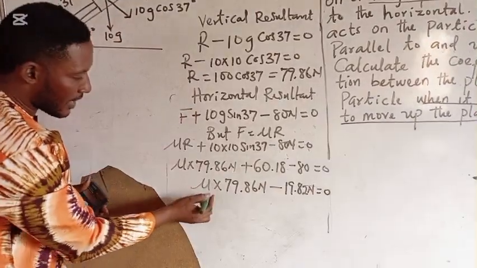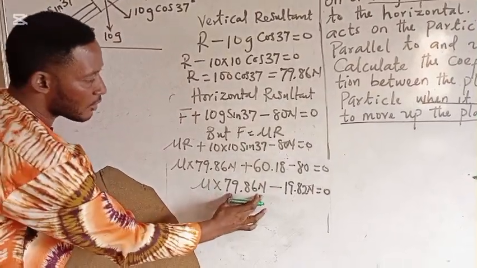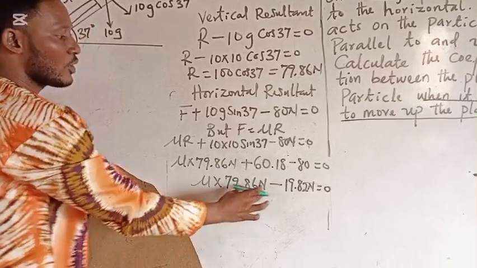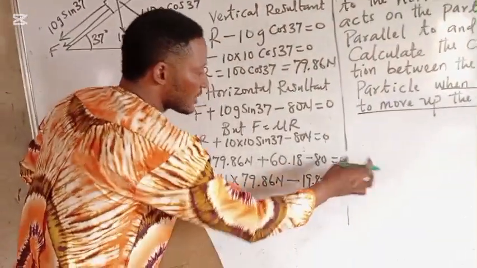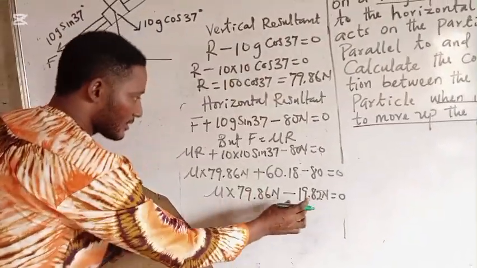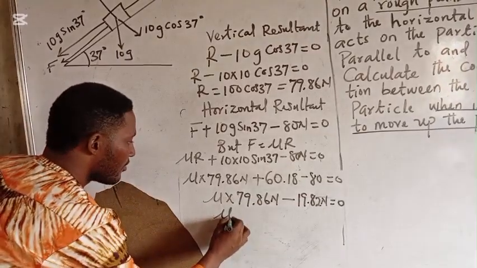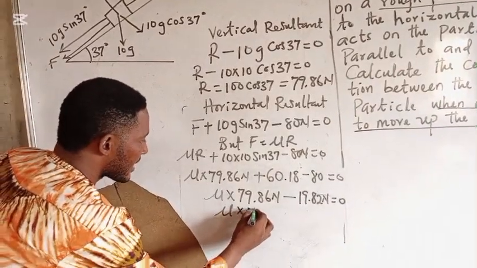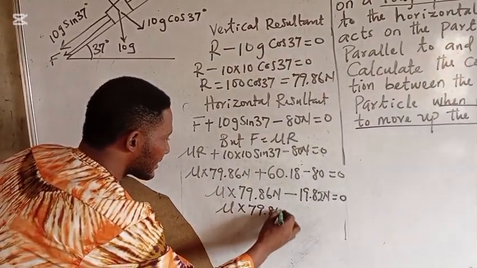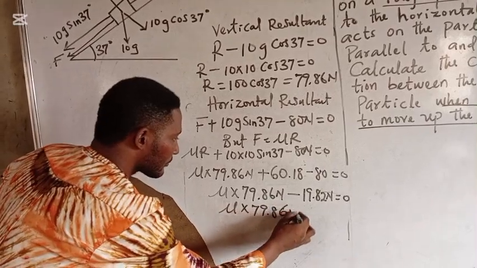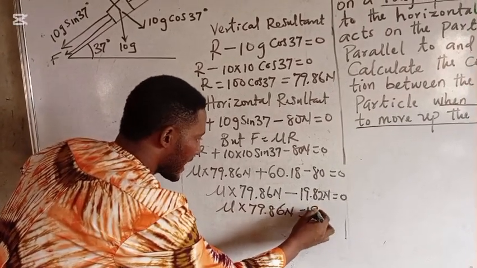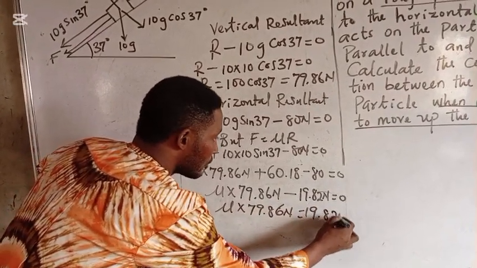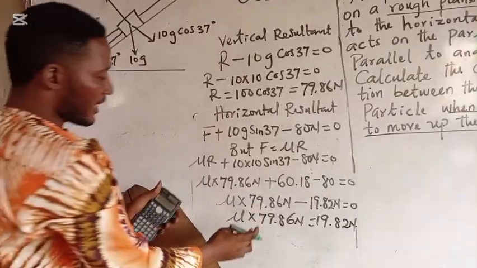Now remember that we are looking for mu, and mu has a coefficient here. On that note, we need to transpose anything that is attached to it, and that is transposing this. So we have mu times 79.86 newtons equals 19.82 newtons.